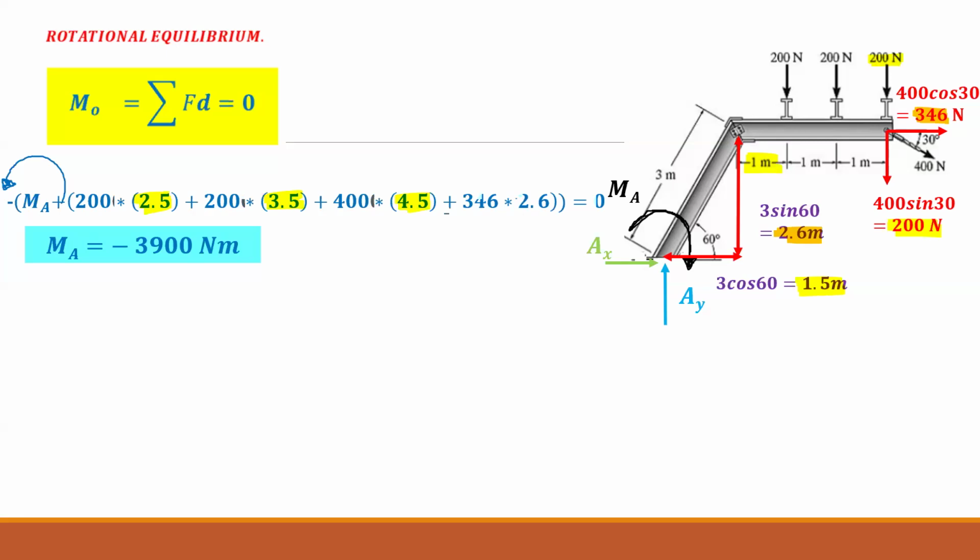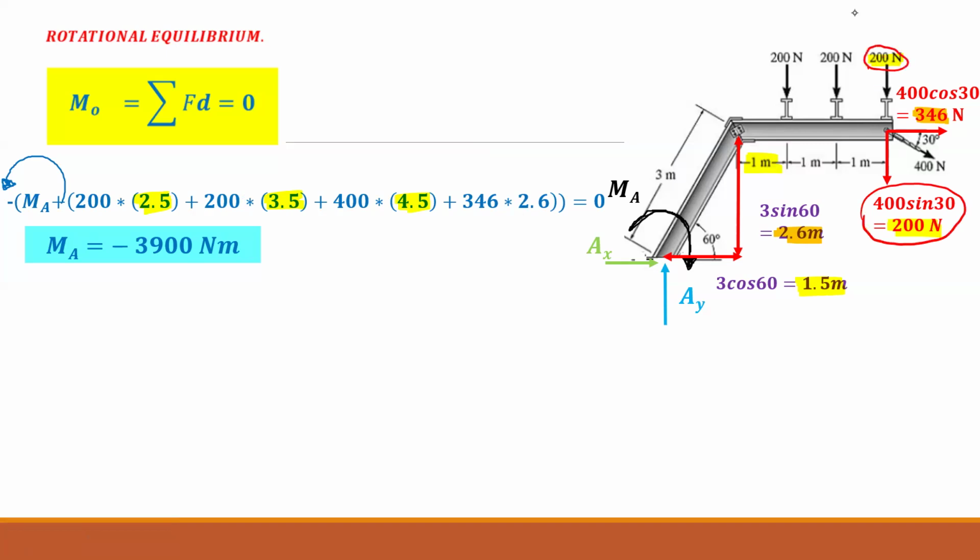Maybe small decimal errors can be there, but 2,646. How come? So do you see anything wrong in my one, Aiden? Okay, 400 I got because this one and this one are acting at the same point.